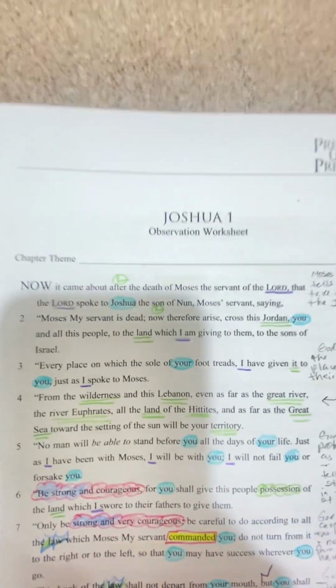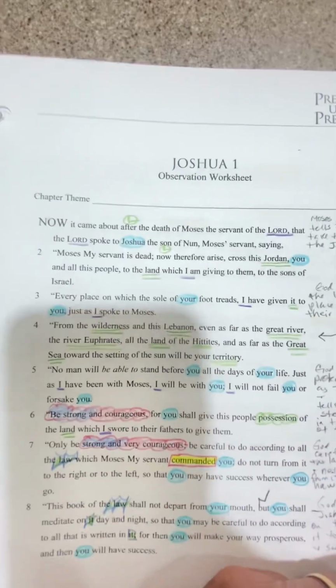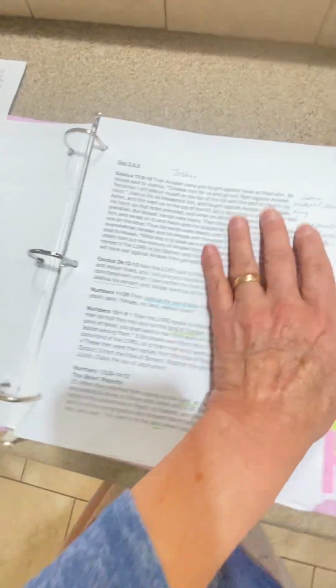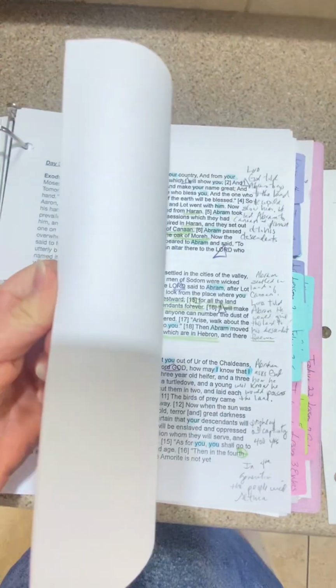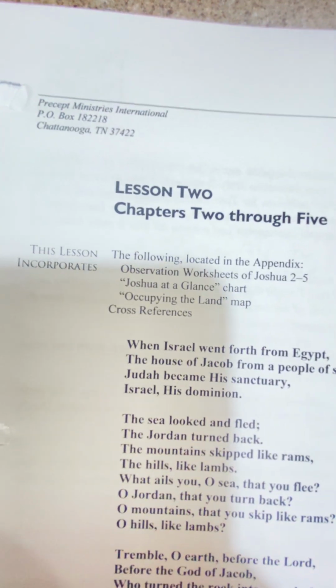So lesson 1 is only going to cover Joshua chapter 1. Behind Joshua chapter 1 begins your extra scripture references. So here all of those are. This is that same stack of scriptures that I just showed you. Behind that is lesson 2.